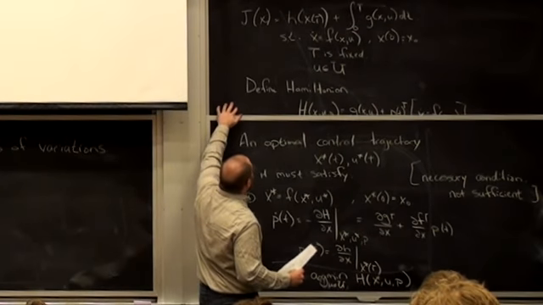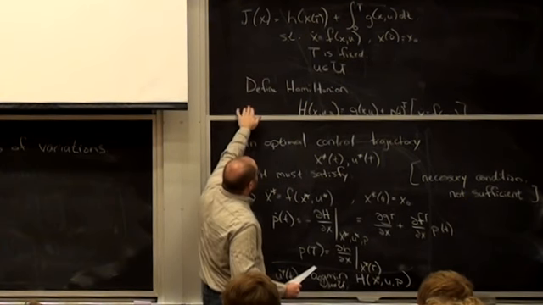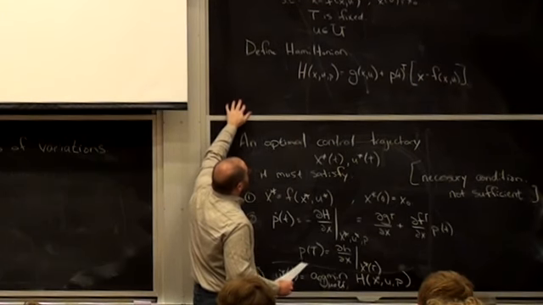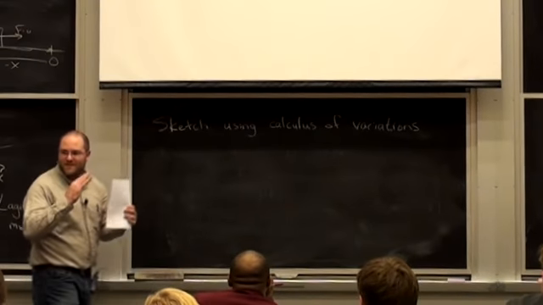This is the problem I'm solving. J of x0 is h of x plus the integral of g, subject to those constraints. So how do I write that in terms of a Lagrange multiplier? I'm going to define a second function, which I won't make the mistake of calling J again.